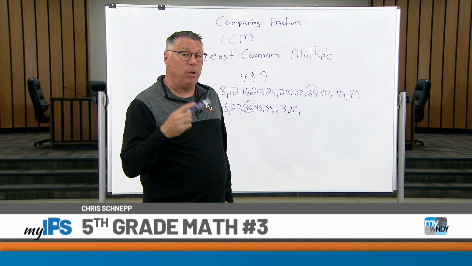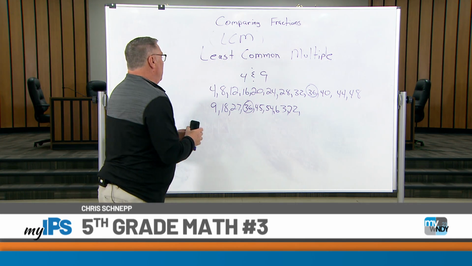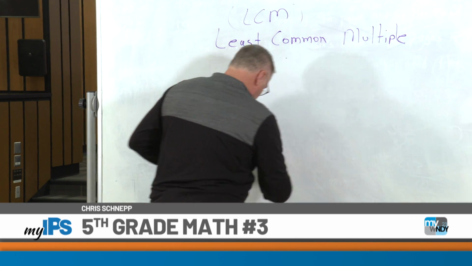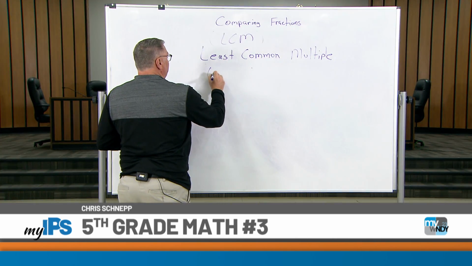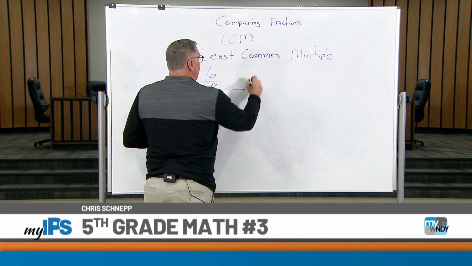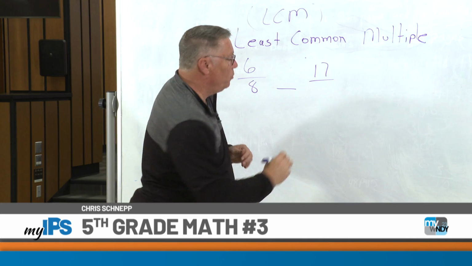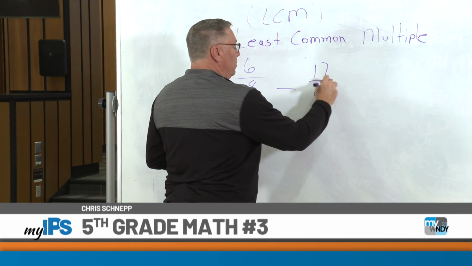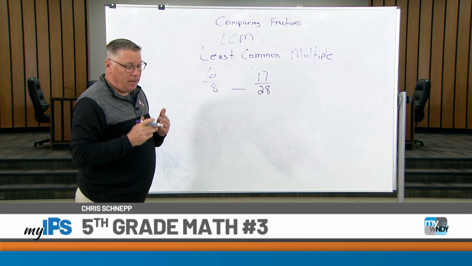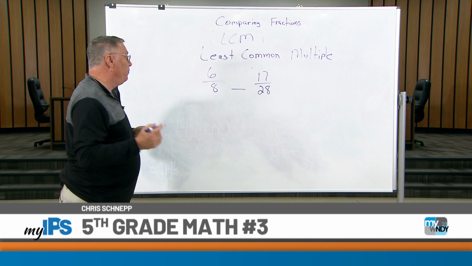Now we're going to apply that to a problem and compare two fractions together. The two fractions that we're going to compare are 6/8 and 17/28. So what do we have to do first? We have to find a common multiple.